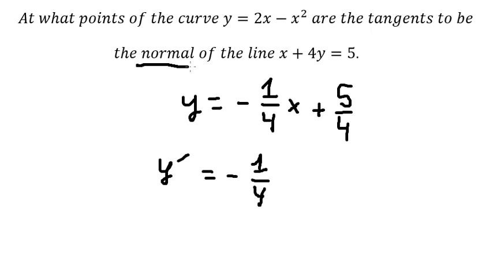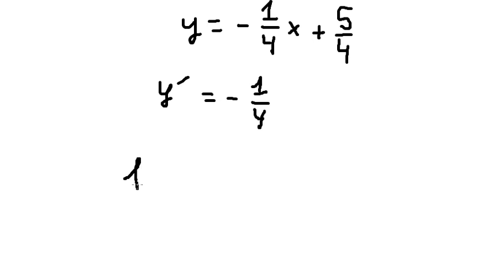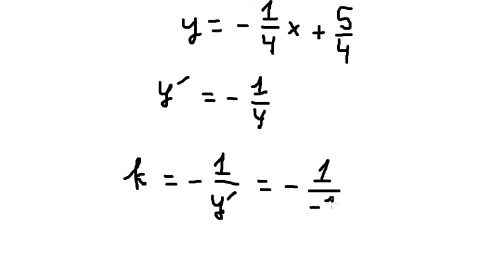Because we want to find about the normal line, I will put k, and we have negative 1 over first the derivative of y. That's about this one in here. So we have positive 4.